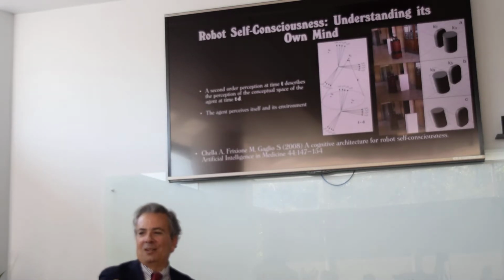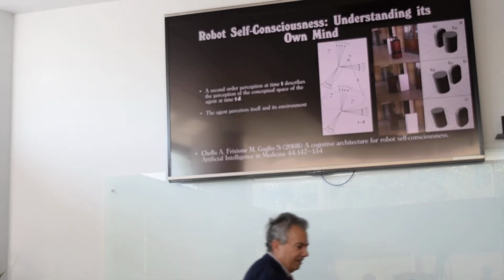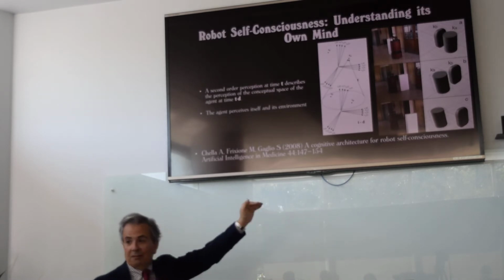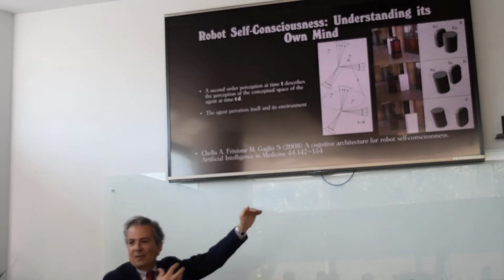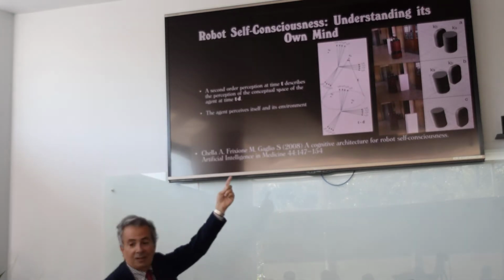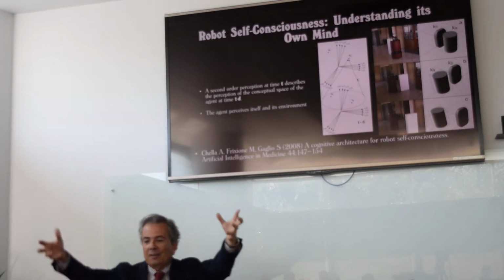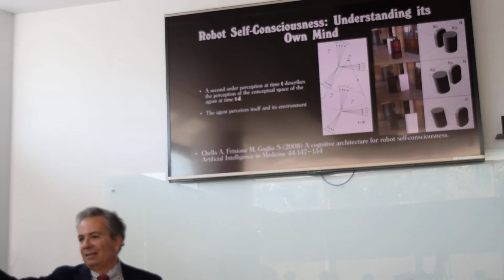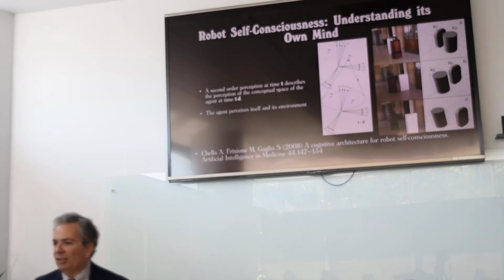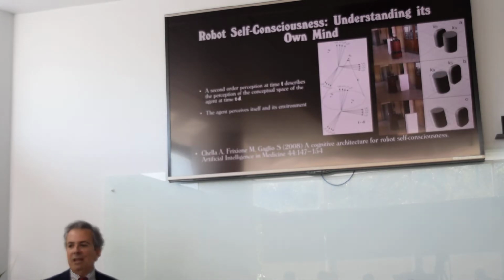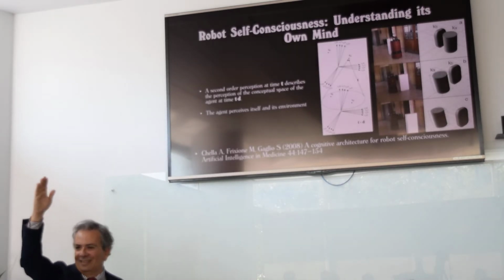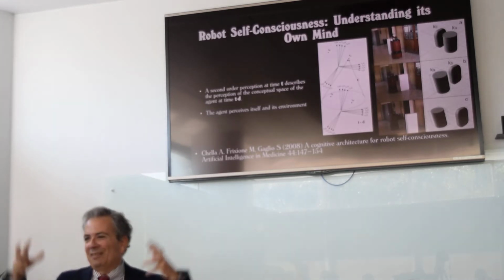So we have the egocentric view of the robot, which is considered in the lower conceptual space, and the higher order conceptual space is a kind of allocentric view of the robot, as if the robot is looking at itself from the outside. It is a kind of imagination that we may have. So I may imagine myself in front of you, talking to you as if I were on the outside, on the roof, for example. So the allocentric view.